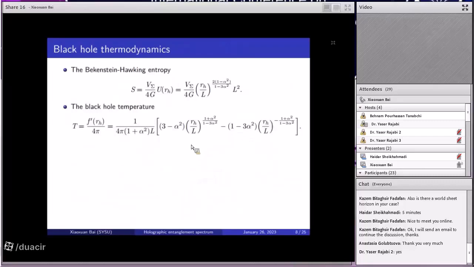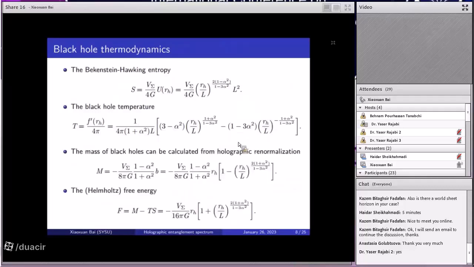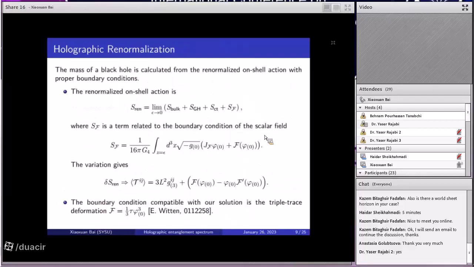So the black hole thermodynamics is calculated from the standard process. What is noteworthy here is that the mass of the black hole is calculated from holographic renormalization. I want to briefly review this process. To obtain the mass, we need the renormalized on-shell action with a proper boundary condition.